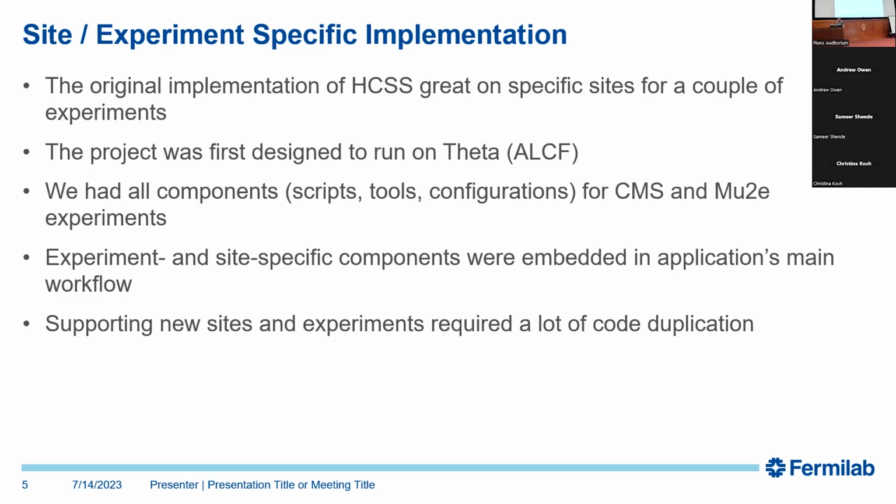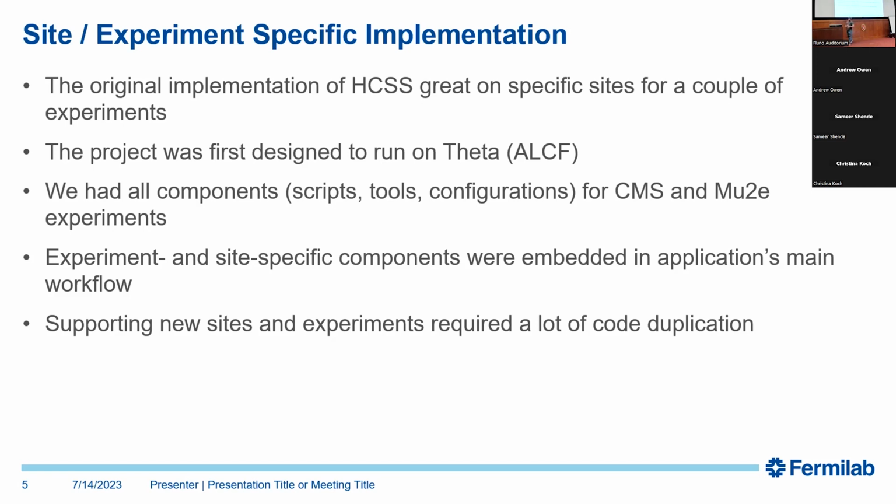So now, if we needed to support new sites or experiments, we would have to basically replicate a bunch of code that we already had for those two experiments. And the reason for that was when the Split Starter was first implemented, it used some templating system, which is actually a very good idea. I'm still using it. But the problem is that this template had a lot of code. It was a very heavy template.